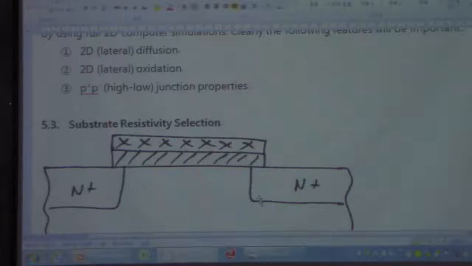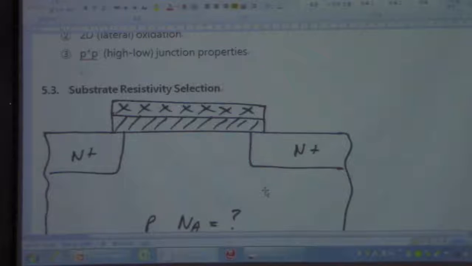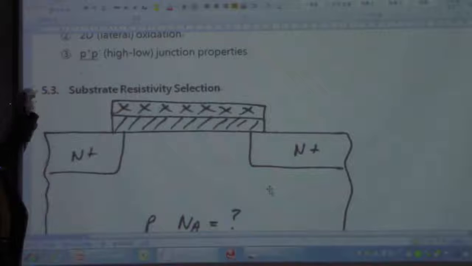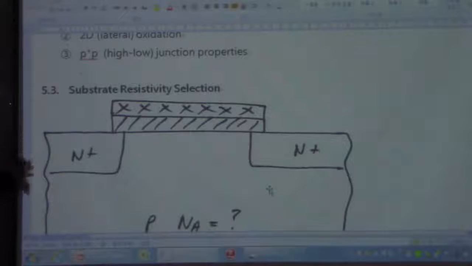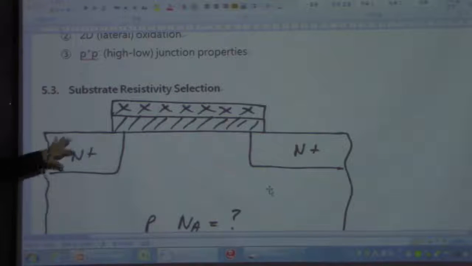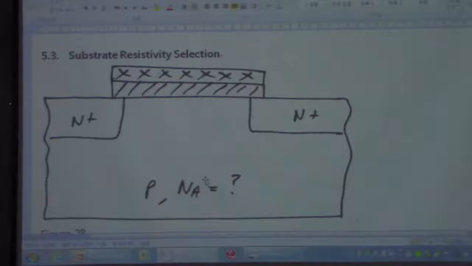Now, today we are going to talk about the substrate resistivity selection, and of course this topic just comes from the fact that we want to miniaturize the device for high-level VLSI. And this is the typical structure of the MOS transistors.